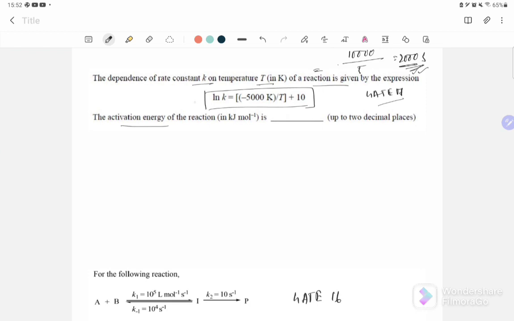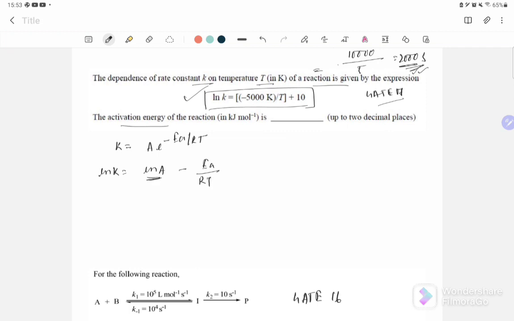What is the activation energy? So this is the Arrhenius equation: k is equal to A e to the power minus Ea by RT. So ln k is ln A minus Ea by RT.